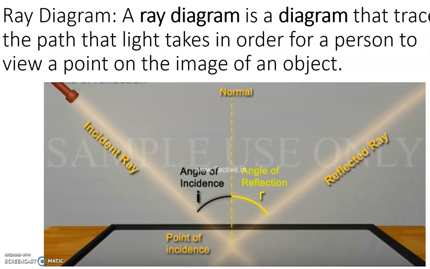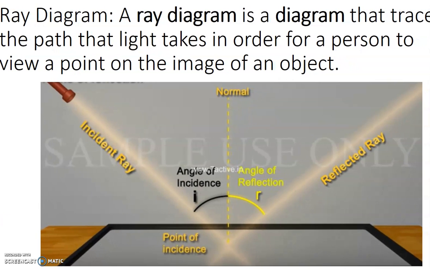Now we'll see what a ray diagram is. A ray diagram is a diagram that traces the path that light takes in order for a person to view a point on the image of an object.